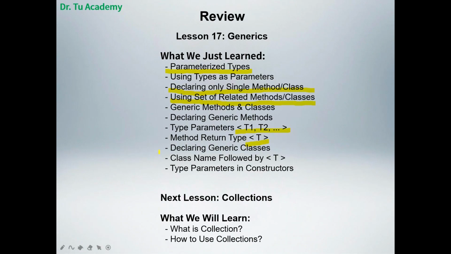To declare a generic class, the class name has to be followed by the angular brackets with a capital letter to represent a data type. In our next lesson, we'll learn how to use collections. All the collection classes are generic classes. We will see the angular brackets extensively in our usage of collection classes.